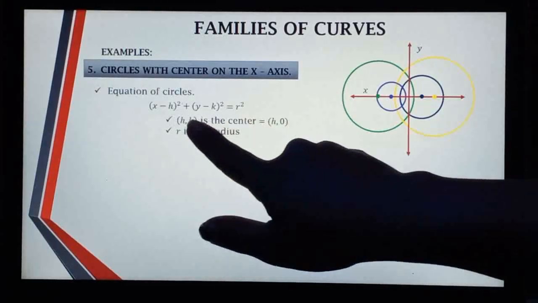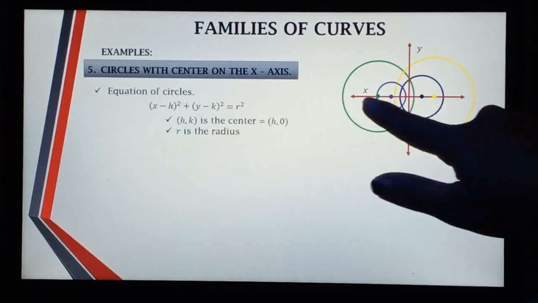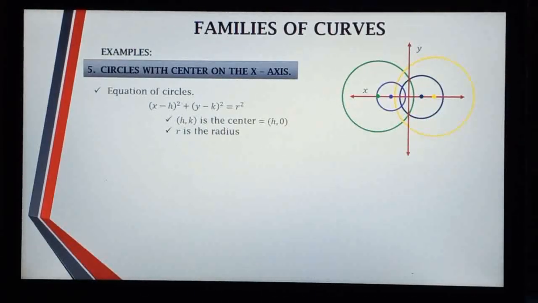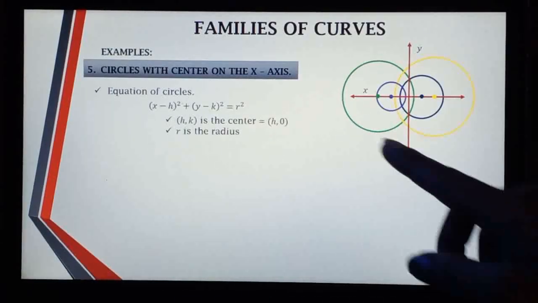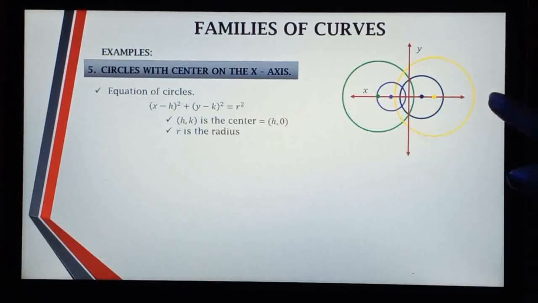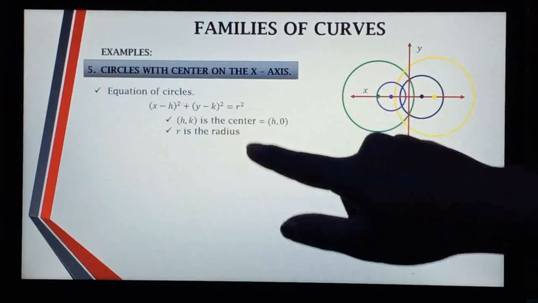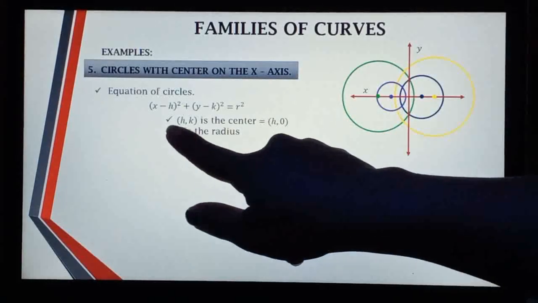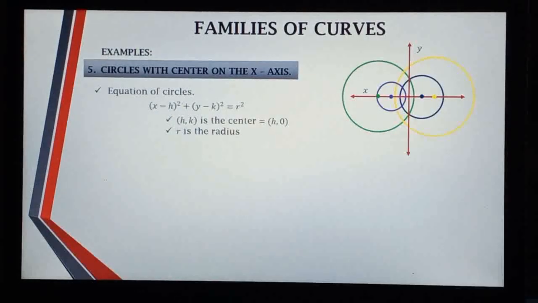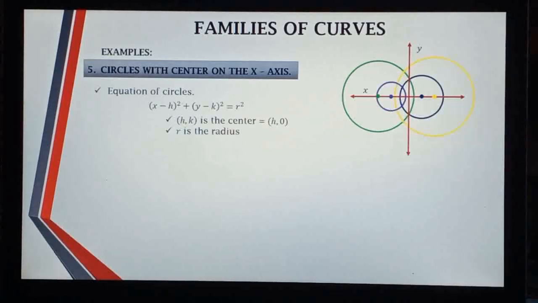Kasi si k, in this case, the value of the y, since nasa x-axis nga lang siya, it would be 0. Pero si h, pwede kahit saan sa x. So meaning to say, nagbabago-bago yung value ni h as well as the value of the r, nagbabago-bago din yung value ni r. Kasi pwedeng maliit yung radius ng circle or pwedeng malaki yung radius ng circle. So our equation now is the quantity of x minus h squared plus y squared equals the r squared.